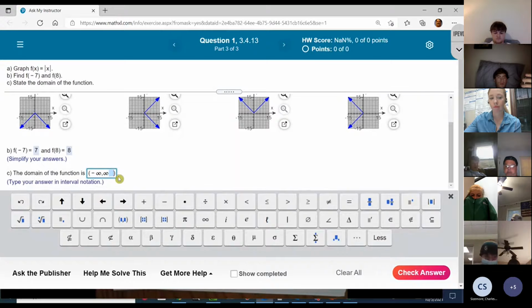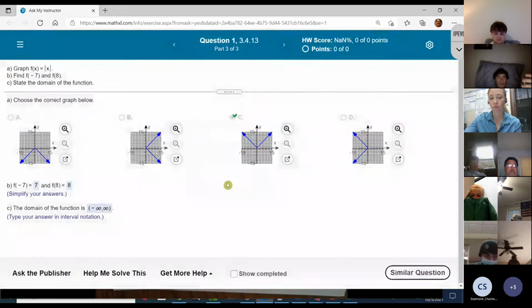Delete, backspace, whatever. And the range, I thought it asked for the range too. Okay, no. Okay. Well, there's your answers. Parent graph would have told you that one.